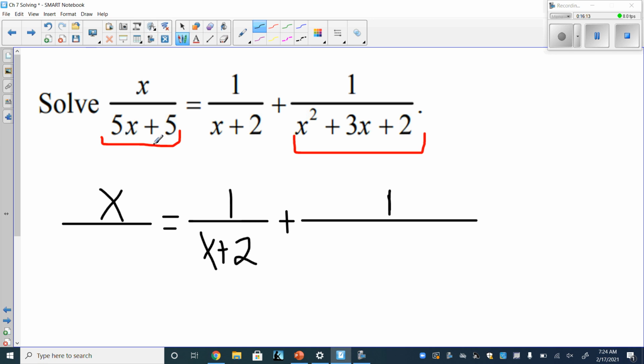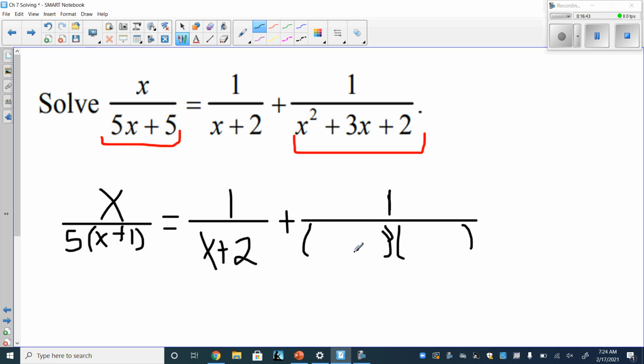Now when we look at our first one, 5x plus 5, it will simplify because there is a greatest common factor between these two terms, and that is 5. So when I factor 5 out of 5x plus 5, I'm left with x plus 1. Now we can factor the second one, x squared plus 3x plus 2, into 2 sets of parentheses.